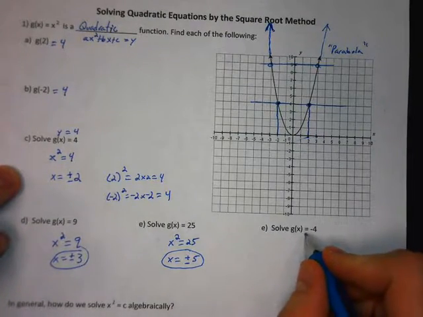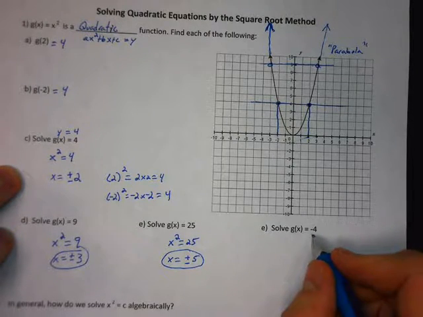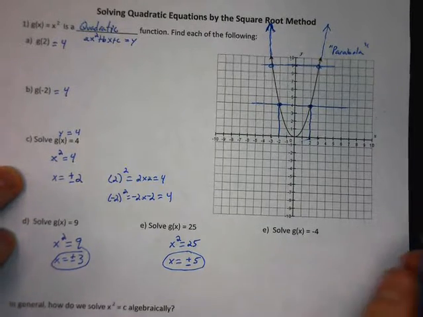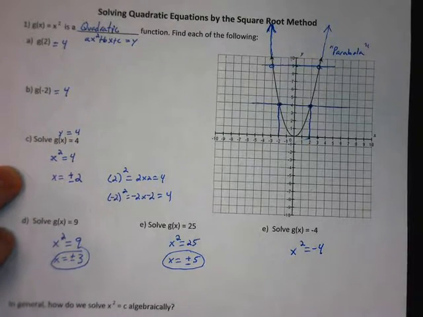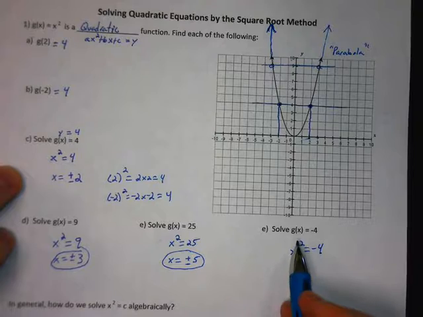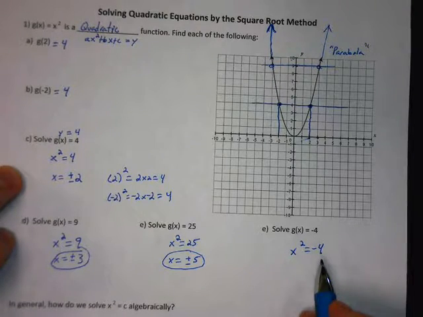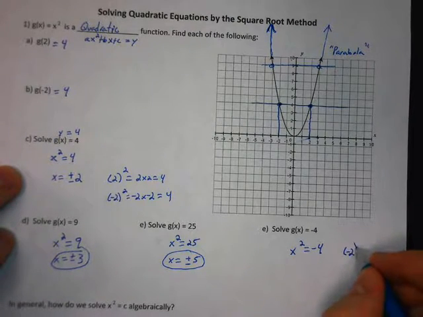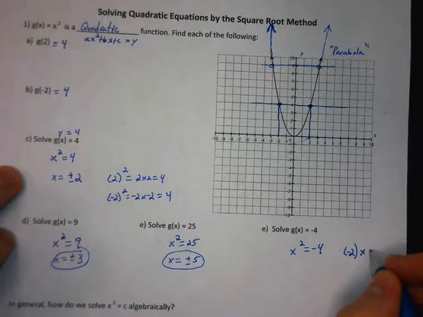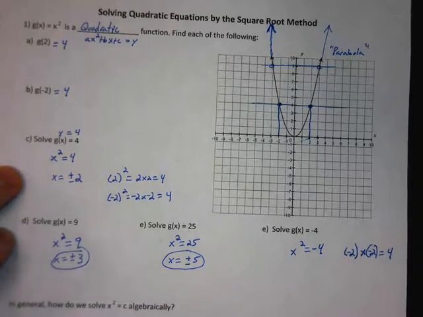Okay, then g of x equals negative 4. So what x values can you substitute and get negative 4 for an answer? Well, what we're trying to solve is x squared equals negative 4. And this is a little trickier because what number can you multiply by itself to get negative 4? Well, if you're thinking negative 2 times negative 2, that gives you positive 4, not negative 4.